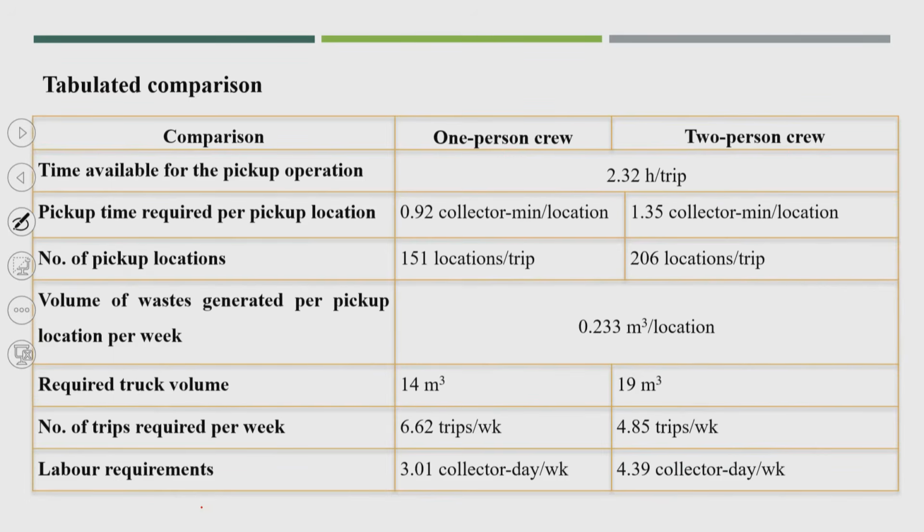Now, there is one more tabulated answer here. The time required for pickup location is the same for both cases. Here the TP value, the number of pickup locations, is a very surprising number: 151 in one case and 206 in the other. The required truck volume is smaller compared to the 2 person crew, the number of trips could be more compared to the 2 person crew, and finally, the labor requirement is also very much less compared to the 2 person crew.